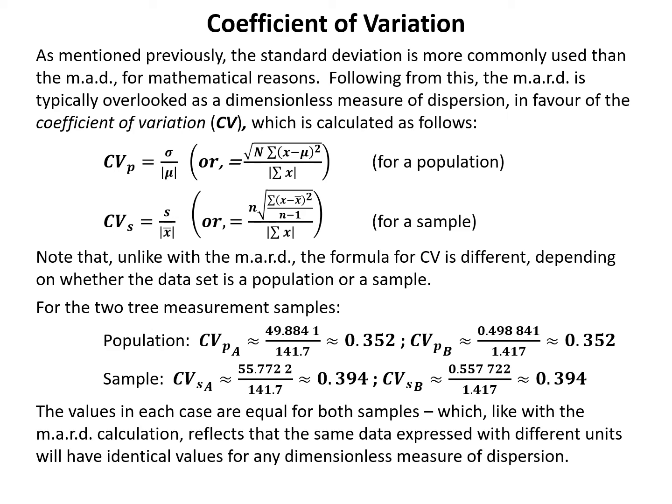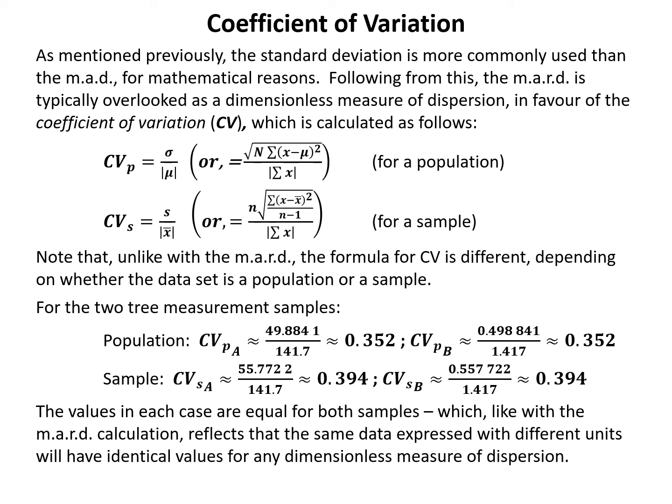So those alternative formulas, you can see for a population is the square root of the population n times the sum of the squares of the deviations, divided by the absolute value of the sum of the x values, whereas for a sample it equals n times the square root of the sum of the squares of the deviations divided by n-1, divided by the absolute value of the sum of the x values.